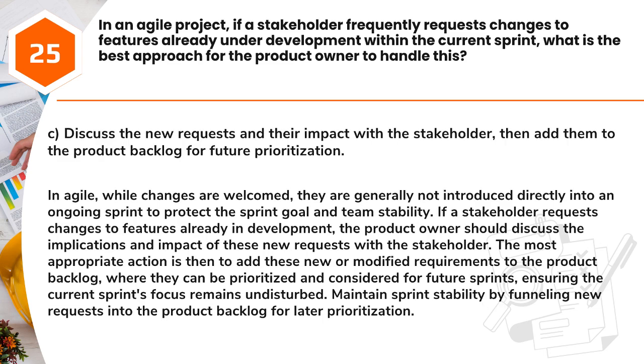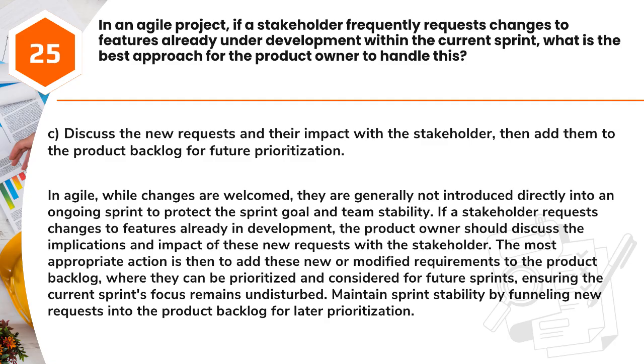Answer: C. Discuss the new requests and their impact with the stakeholder, then add them to the product backlog for future prioritization. In Agile, while changes are welcomed, they are generally not introduced directly into an ongoing sprint to protect the sprint goal and team stability. If a stakeholder requests changes to features already in development, the product owner should discuss the implications and impact of these new requests with the stakeholder.